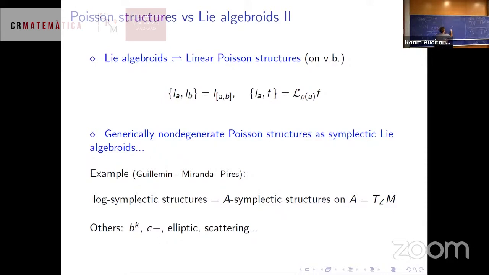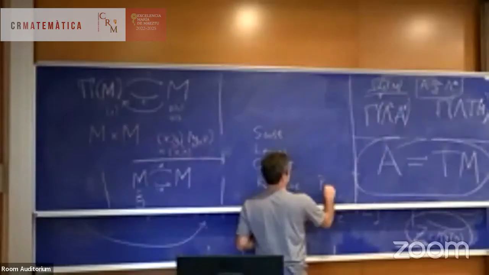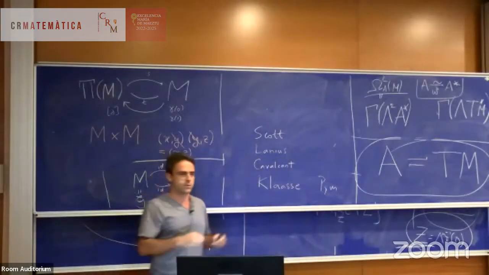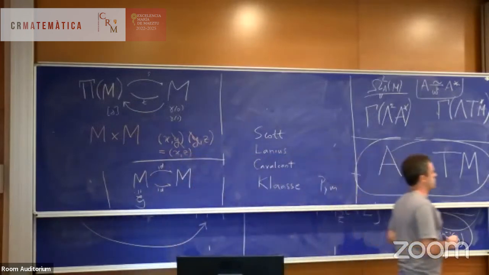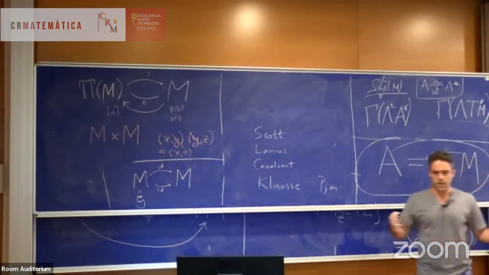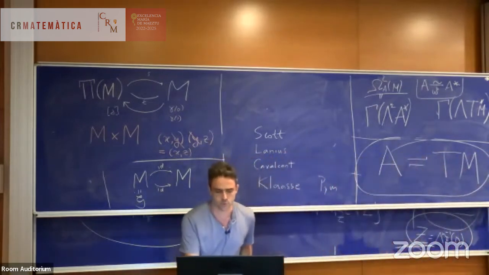Maybe Melinda, a student of Cavalcanti, and his student Ralph. And Pin. Anyway, there are many names here. But by now, it's a proper program to try to develop a theory of these generically non-degenerate Poisson structures.